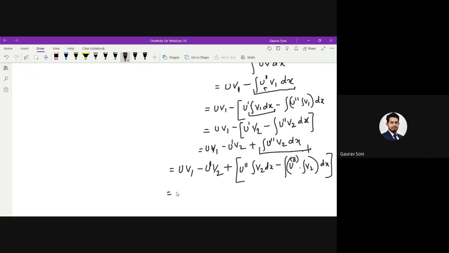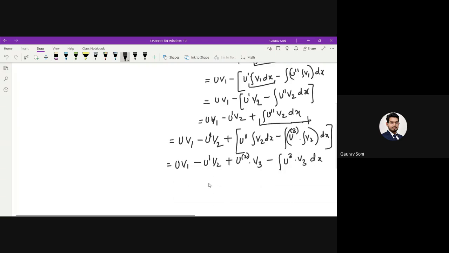Can you simplify this? u v1 minus u1 v2 plus u2 v3 minus integration u3 v3 dx. So I can do it in the same manner.